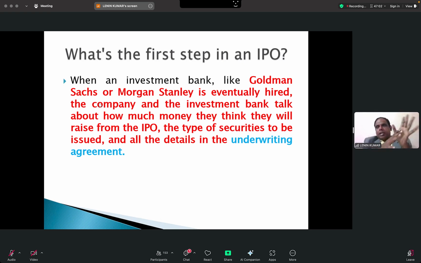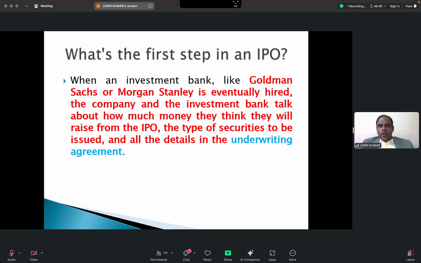In that agreement, it will be very clearly mentioned how much money they are going to bring, and what type of securities will be issued. Like I told you, it may be shares, bonds, or debentures. Everything will be there in the agreement. That agreement is called the underwriting agreement.